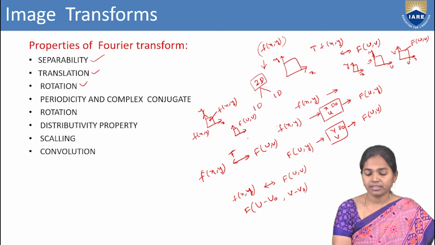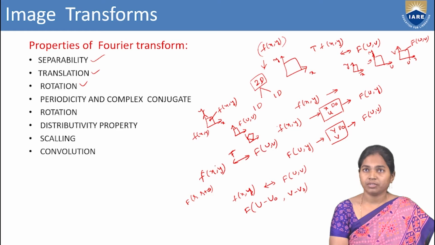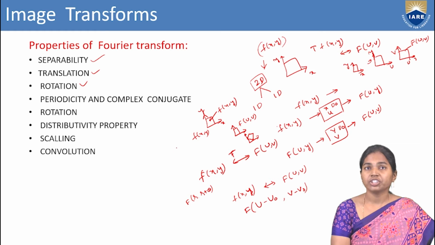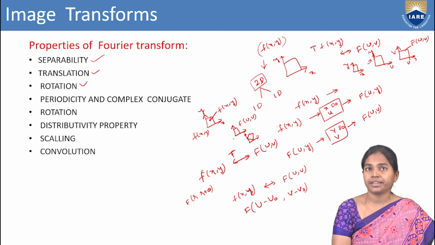We apply the rotation property, and the image is rotated by some angle, giving f of r comma theta plus theta naught. Depending on theta, the image is rotated either 45 degrees or minus 45 degrees. Depending on the application, the image is rotated vertically, horizontally, or in a clockwise or anti-clockwise direction.